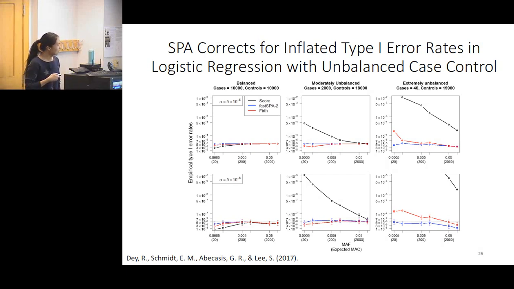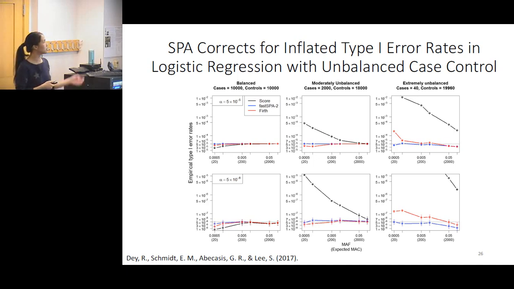You can see that when the case-control ratio becomes more unbalanced, the type 1 error rates for the score test, which we usually use in GWAS combined with logistic regression, get very inflated. And the SPA can correctly adjust for this unbalanced case-control ratio.